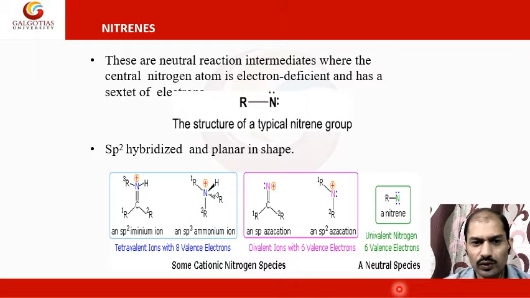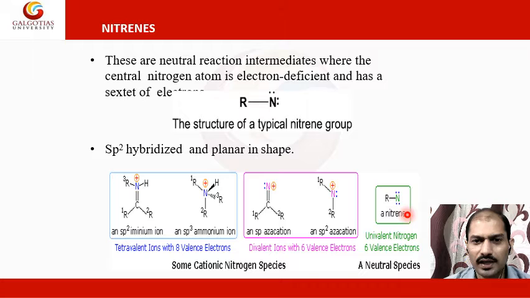In divalent ions with 6 valence electrons, you can see the sp azacation and the sp2 azacation, and this is the nitrene species. This is univalent nitrogen with 6 valence electrons. If you count the electron number, this is 6 electrons. So it is neutral.